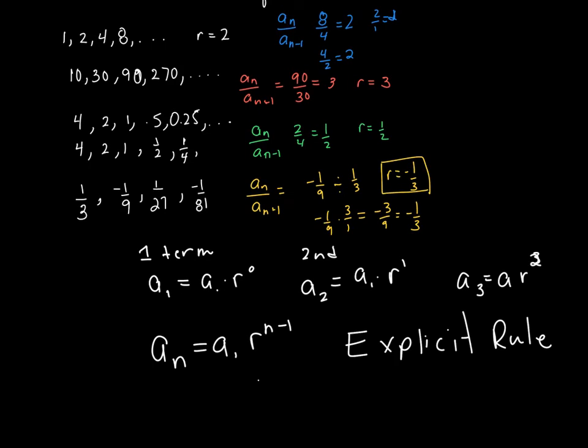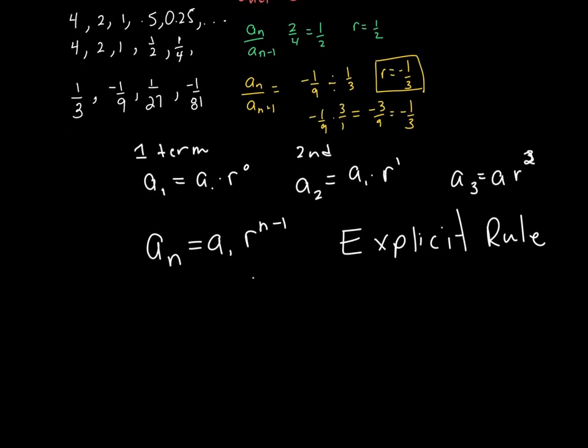Now, if you want to write a recursive rule, which again is not nearly as useful, it's just a_n is equal to the previous term, a_(n-1), times whatever that ratio happens to be.